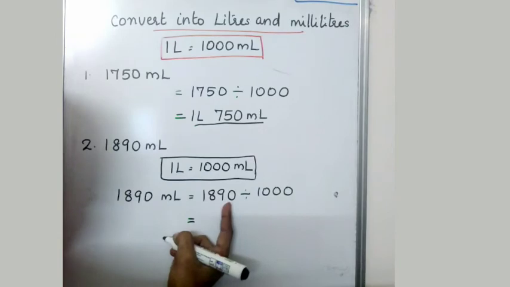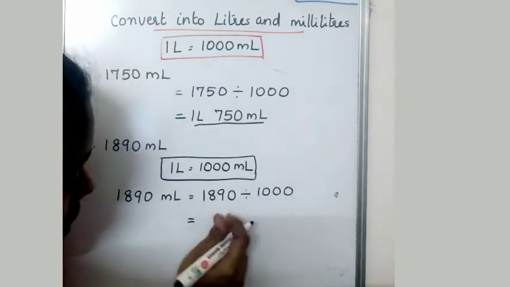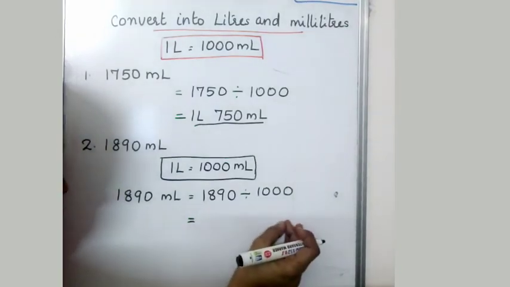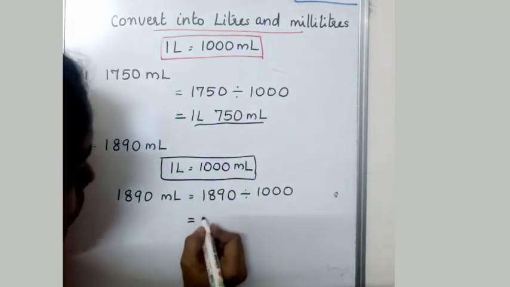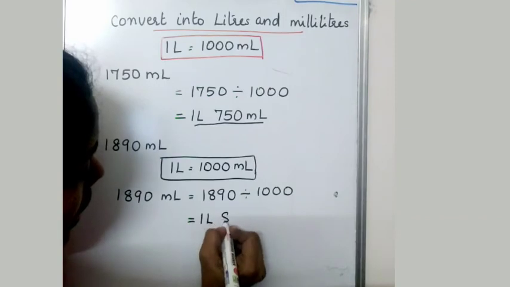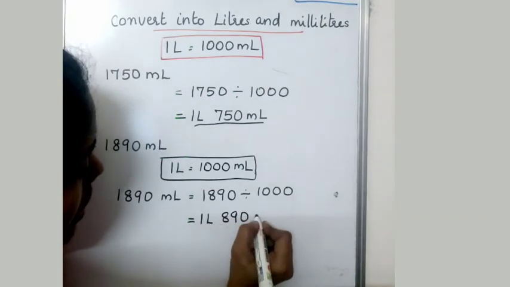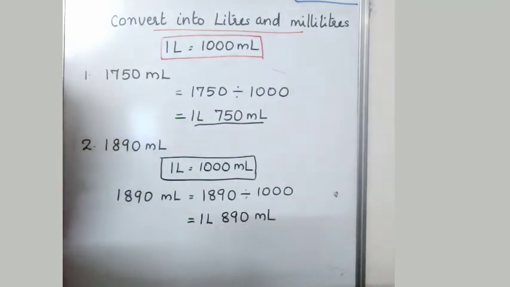So we take these three places. This will remain as the milliliter and this will be left as the liter. 1 liter 890 milliliter.